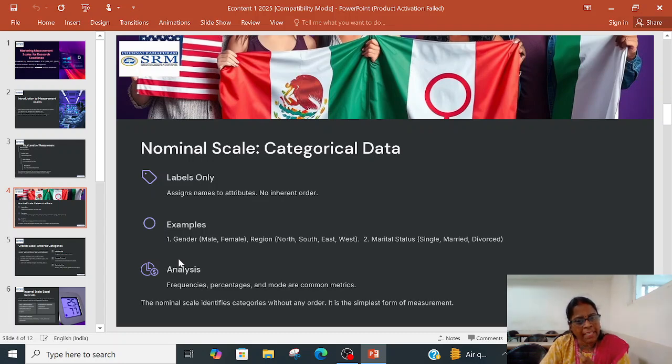For region, we can assign north, south, east, and west. For marital status, we can assign single, married, and divorced. So, likewise, assigning names to attributes is nominal scale. For statistical analysis, frequencies, percentages, and mode are the common analyses. So, the nominal scale identifies categories without any order. It is the simplest form of measurement.